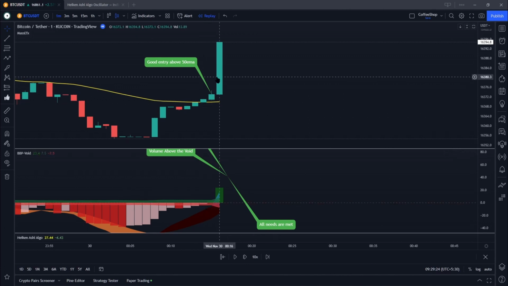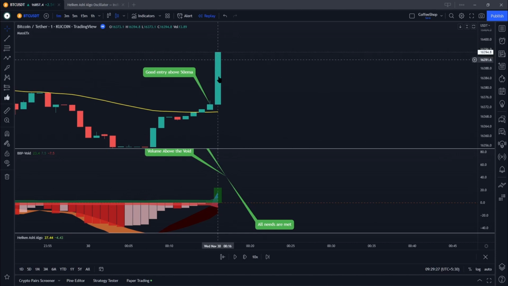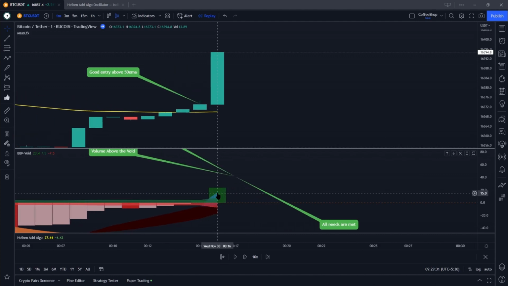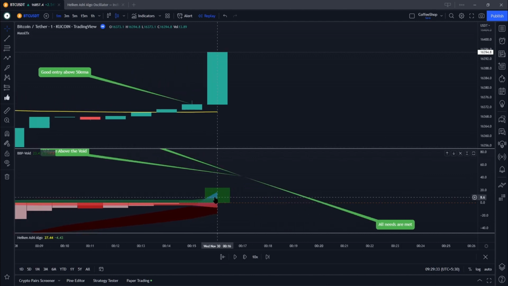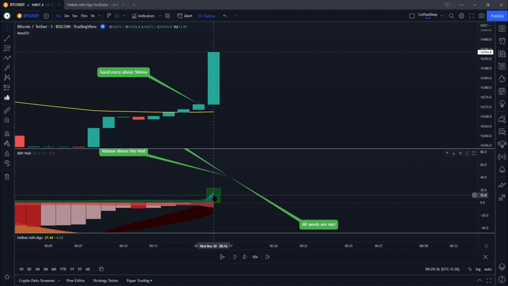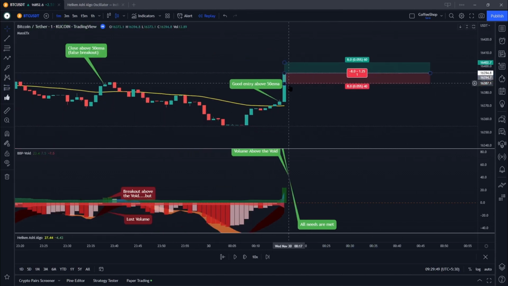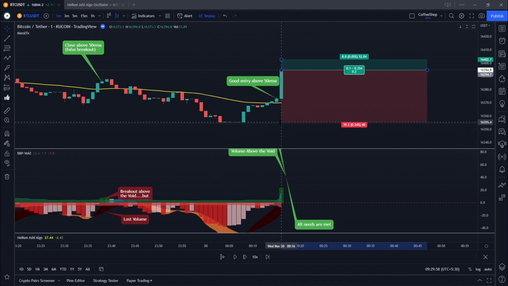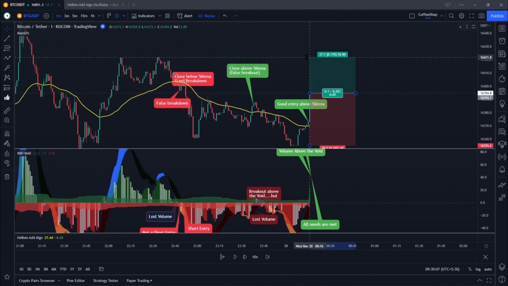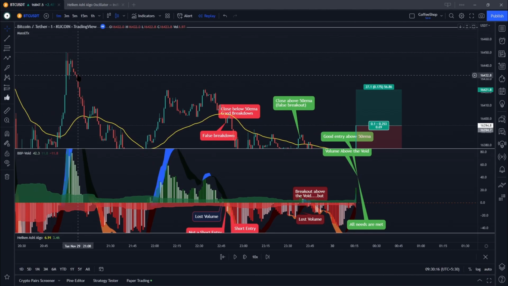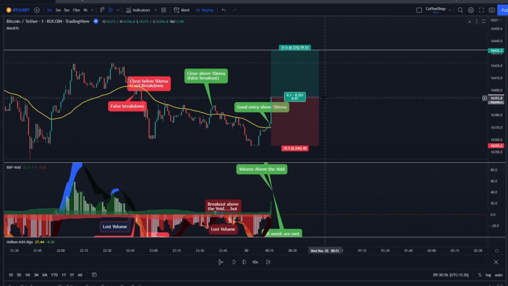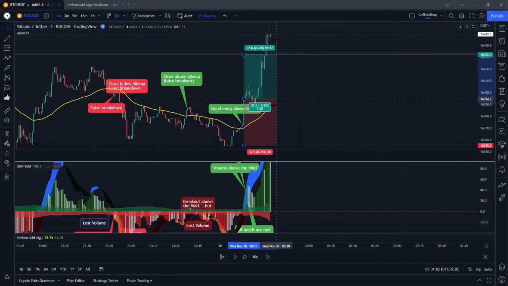Now, this candle comes up, closes above your EMA, and it closes above the void. And if you look closely, you have a blue trend starting right here. And that's it. So this is your move to the upside, right? So we'll take a long position right here. Immediately goes to the target right there.